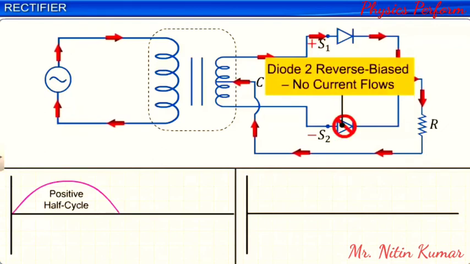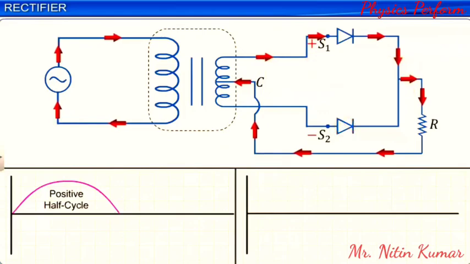When S1 is negative and S2 is positive, diode 1 is reverse biased and does not allow any current to flow through it. However, at the same time, diode 2 is forward biased and allows current to flow through it.